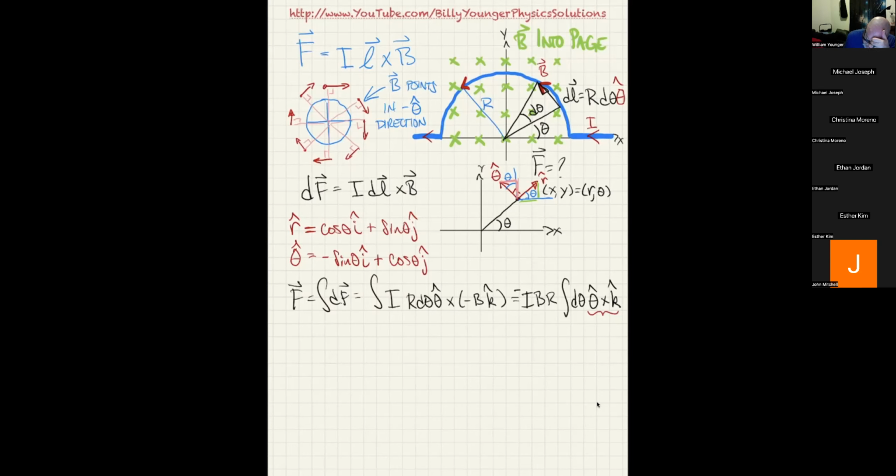Index finger in the direction of theta hat. Middle finger at 90 degrees like this. That should be pointing out of the page. And what direction is your thumb now? Again, use this diagram that I did to show you r hat, theta hat.